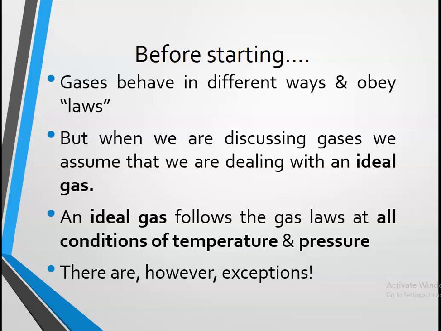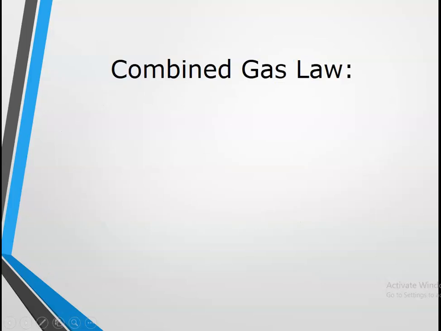Now keep in mind, as always, there are some exceptions, but today we're going to be focusing in on those normal ideal gases that obey all of the mathematical laws. There are some temperatures and pressures in which they tend to deviate a little bit from the laws, and that's not important for us right now. We're just dealing with the basics.